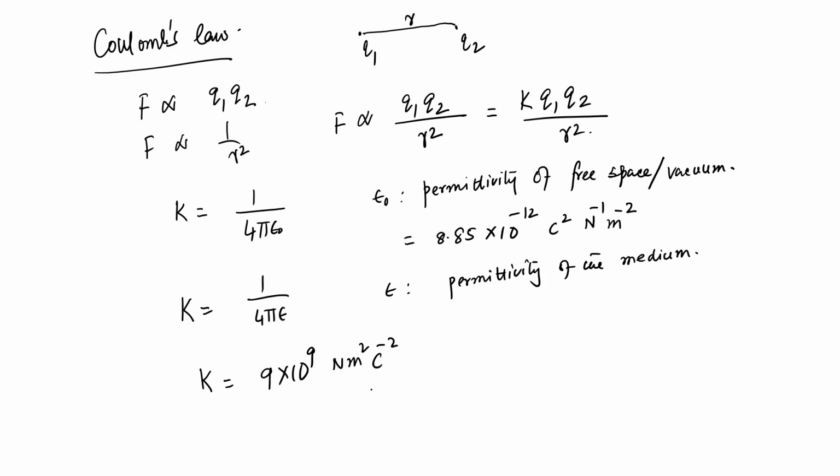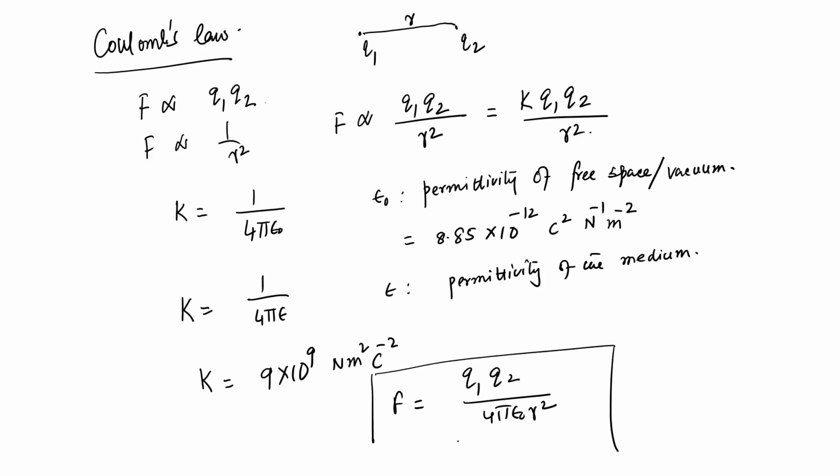Combining these, we can write down Coulomb's law as F equals q1 q2 divided by 4 pi epsilon 0 r square, and once again, r is the distance between the two charges. But this is only part of the story, because force has to be a vector. So, we have to put a vector sign, and if we do it for the left hand side, we have to do it for the right hand side as well.